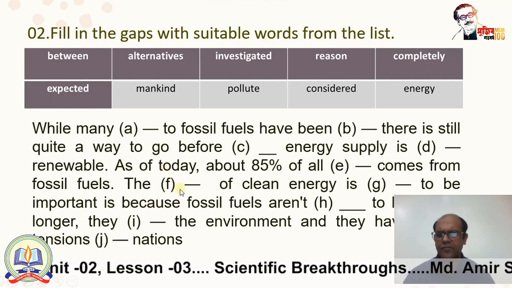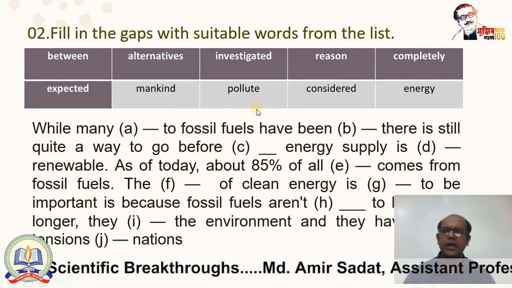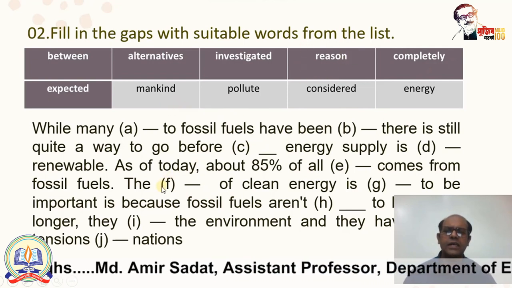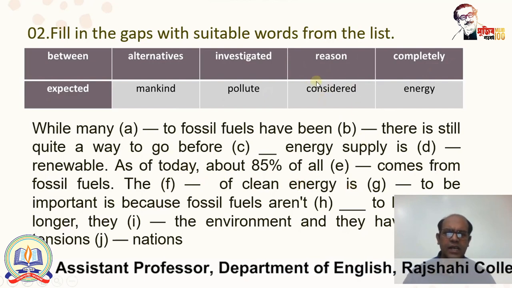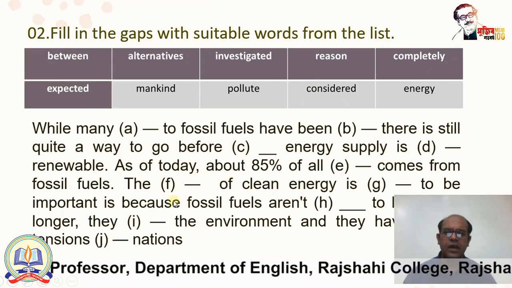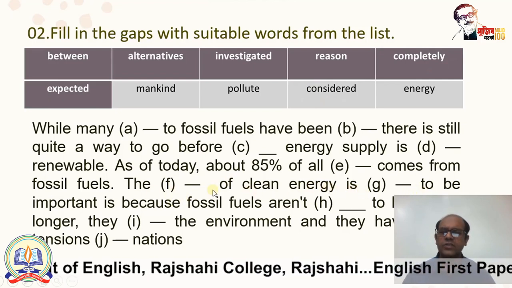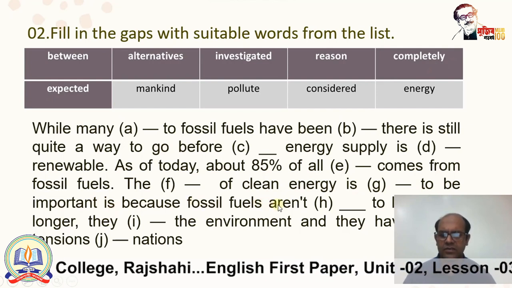For gap F, reason is the correct answer. The reason of clean energy. Considered is the correct answer for gap G. The reason clean energy is considered to be important is because fossil fuels aren't gap H.